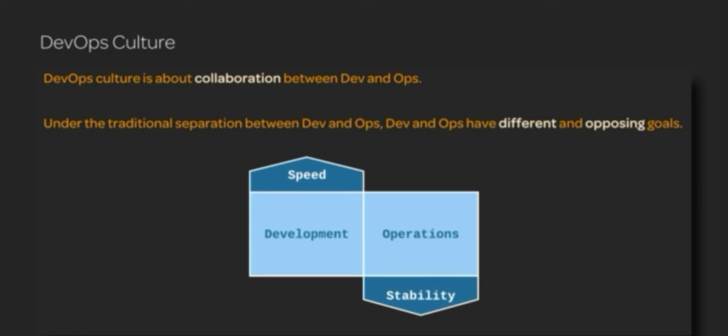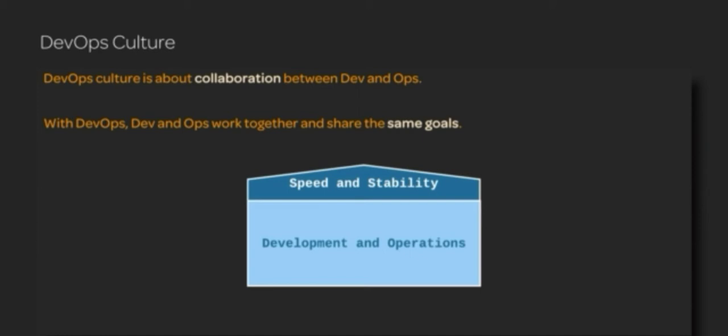But because the development and operations teams are in opposition to one another, neither is able to accomplish those goals as well as they should be able to. The development team is always deploying changes and not really prioritizing stability, while the operations team is trying to slow down the development team in order to maintain stability. And so this opposition compromises both of these goals to some degree.